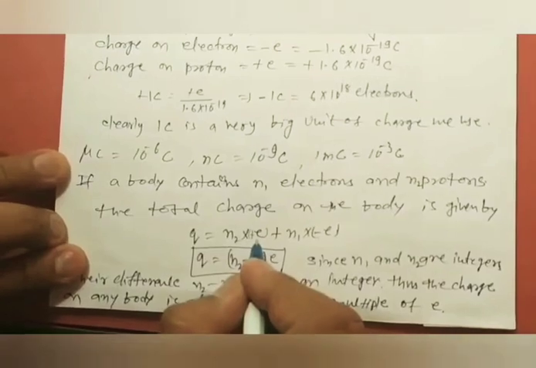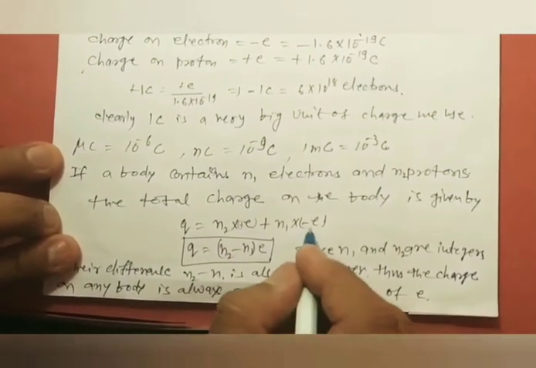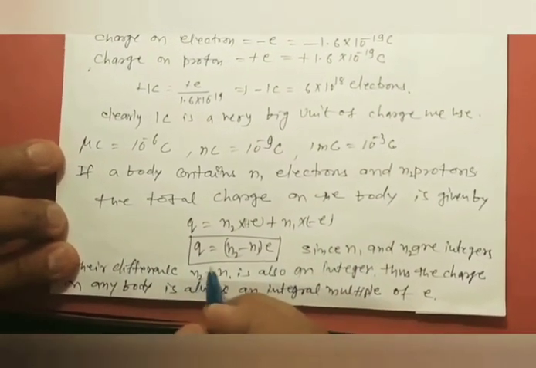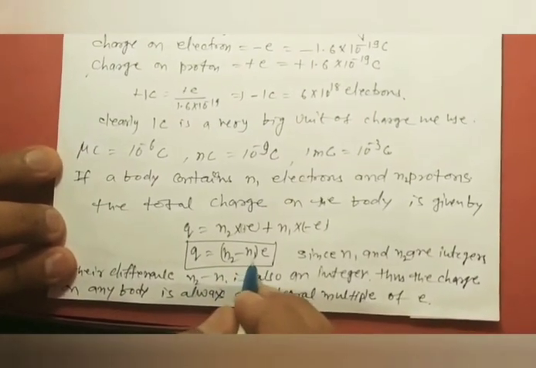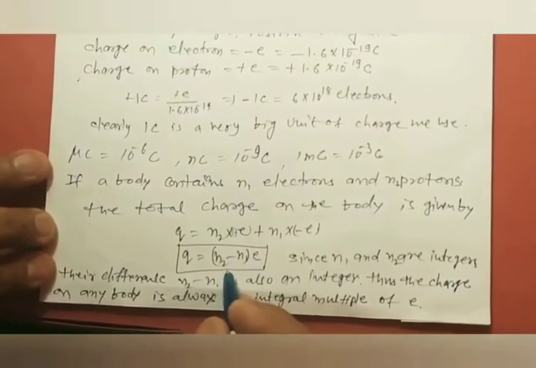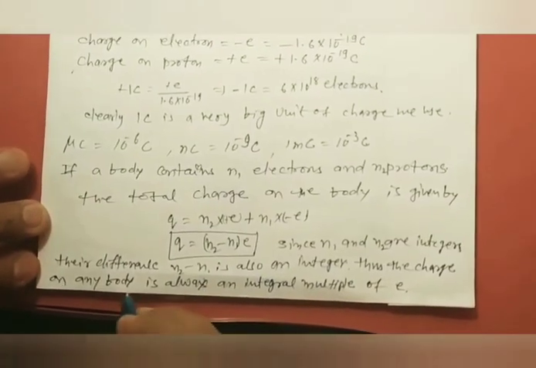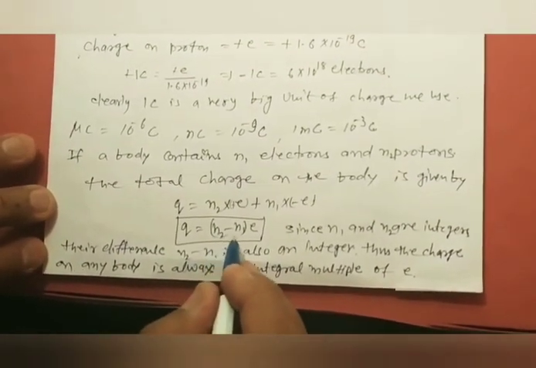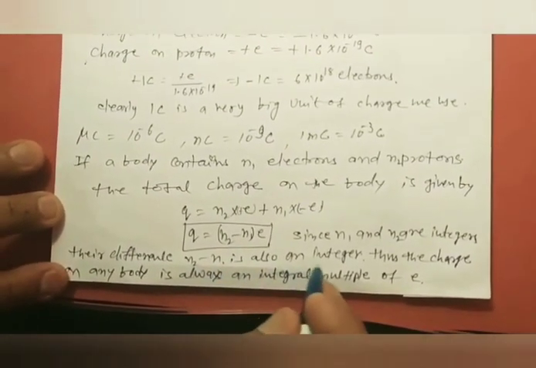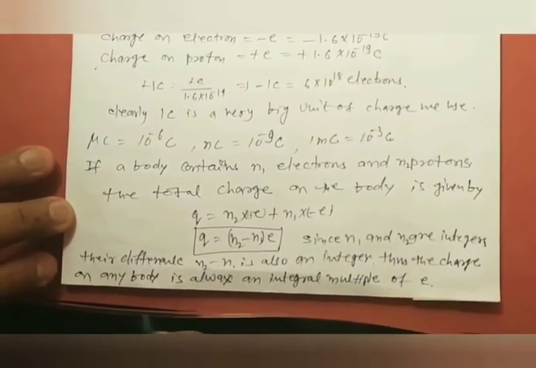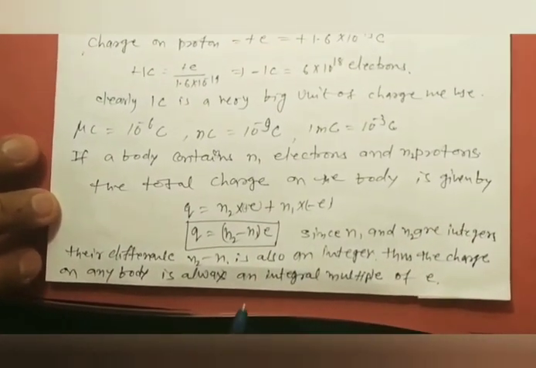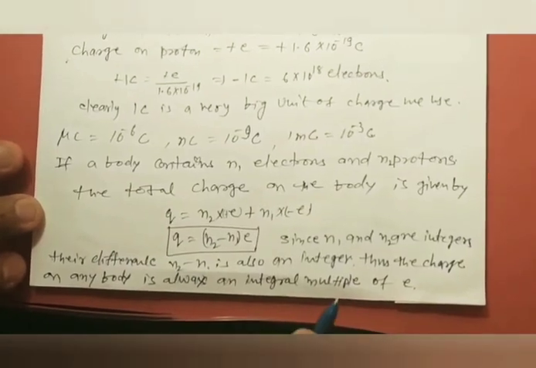Plus e is the charge on a proton, minus e is the charge on an electron. So Q = (n2 - n1)e. Since n1 and n2 are integers, their difference n2 - n1 is also an integer. Thus, the charge on any body is always an integral multiple of e.